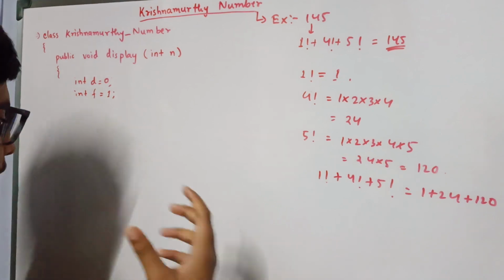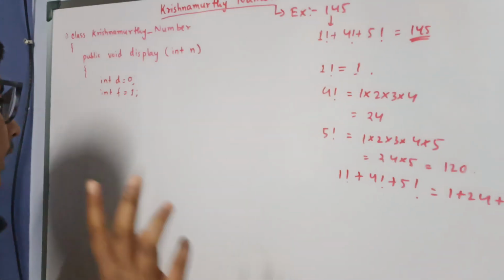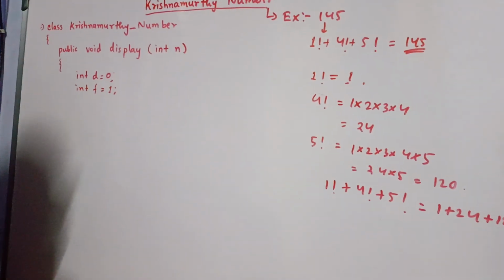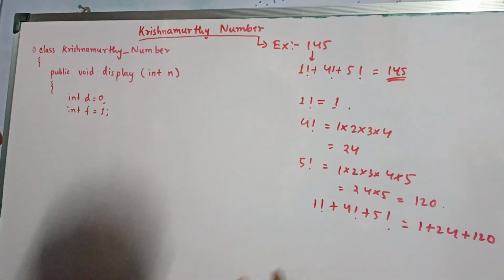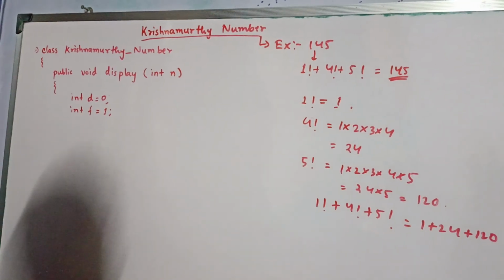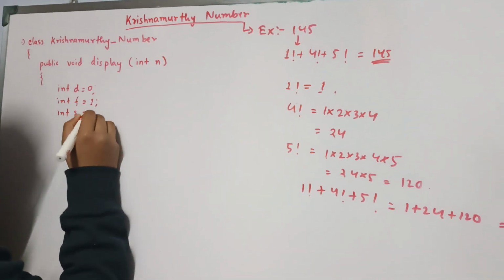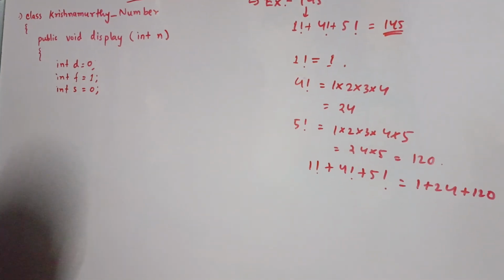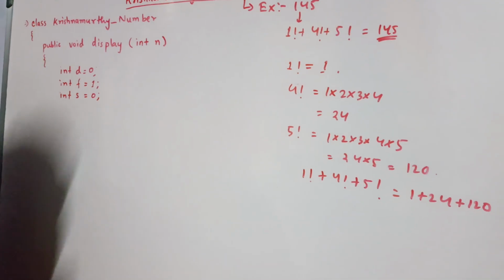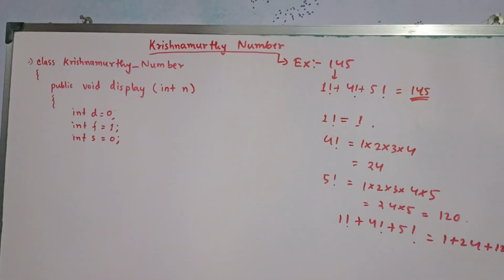So the first step is to extract the digits. The next step is to find the factorial of those digits. After finding the factorials, you have to find the sum of those factorials, which is stored in the variable int s equal to 0. So this was our initialization process.